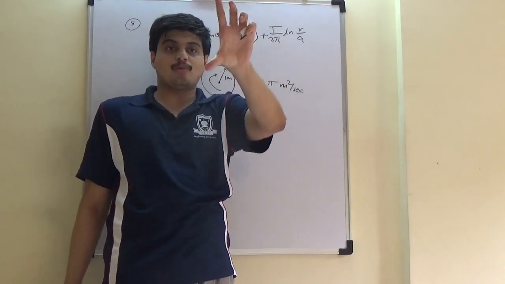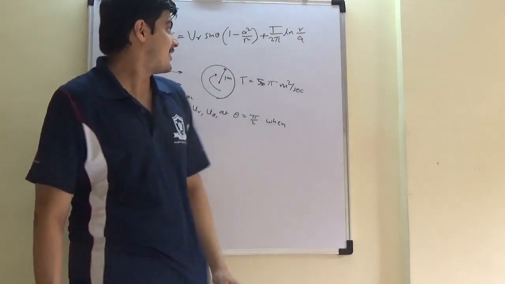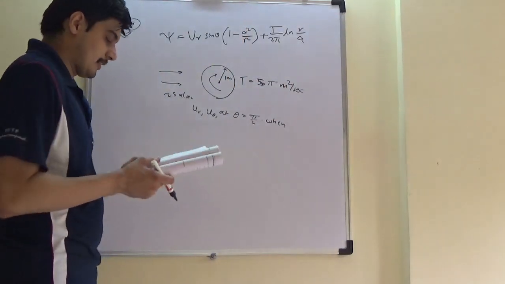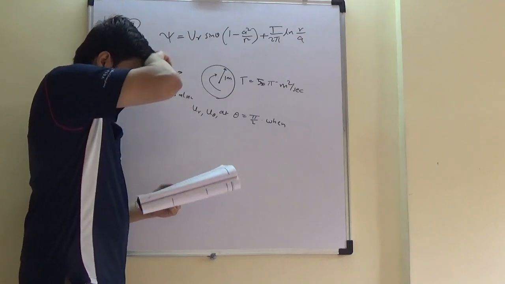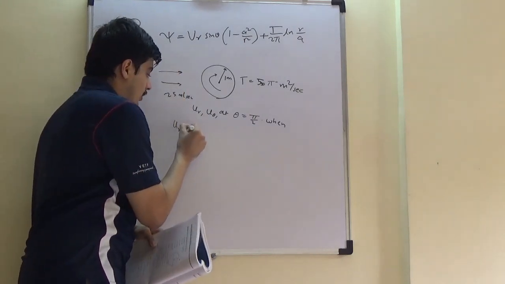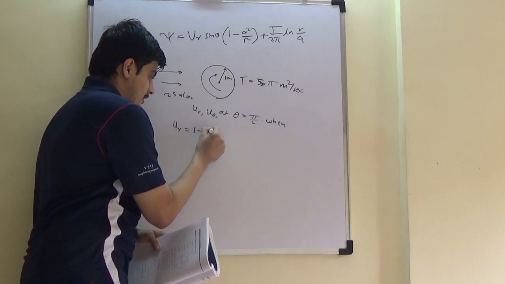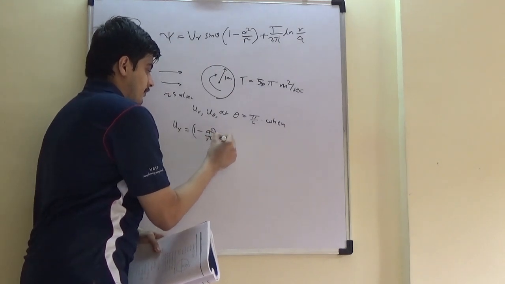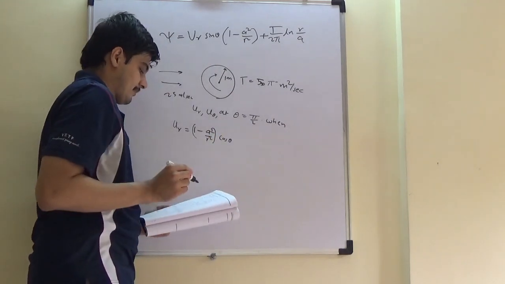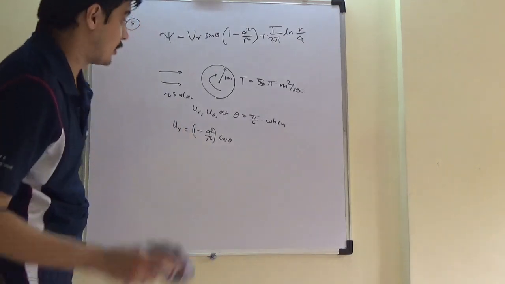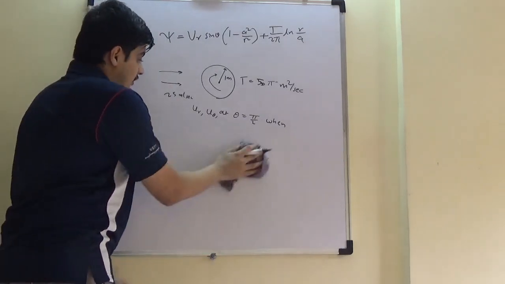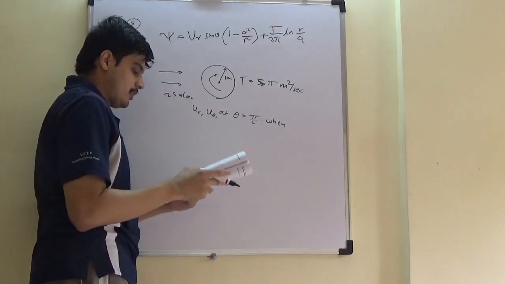Because circulation is also theta independent. UR therefore is still U 1 minus a square upon r square cos theta. It is always 0. So the task left to us is to find out U theta.